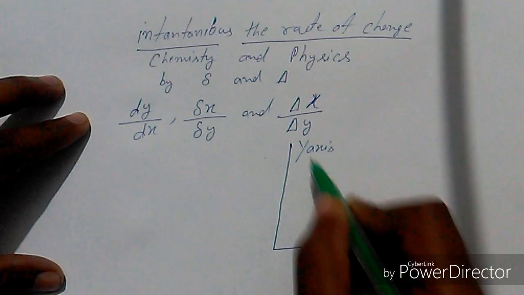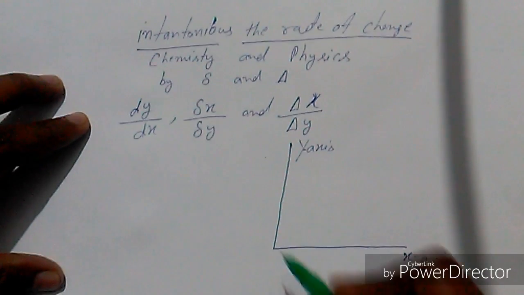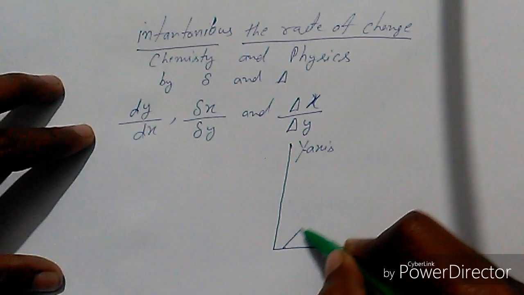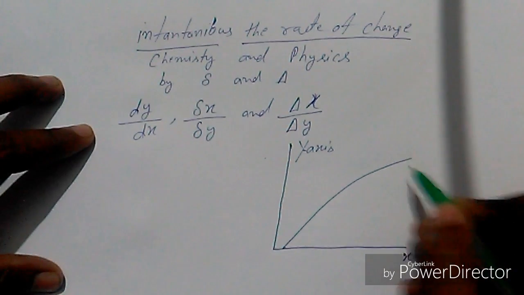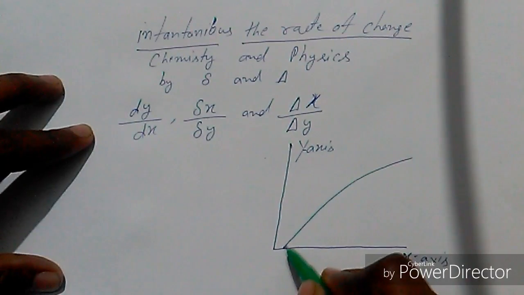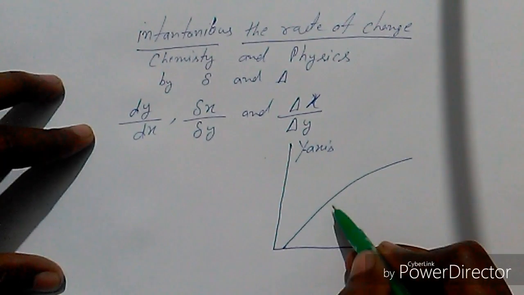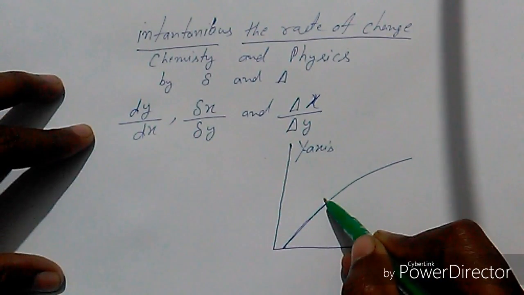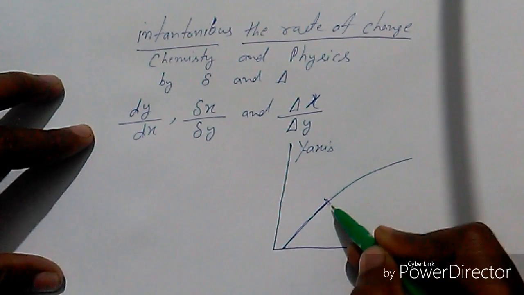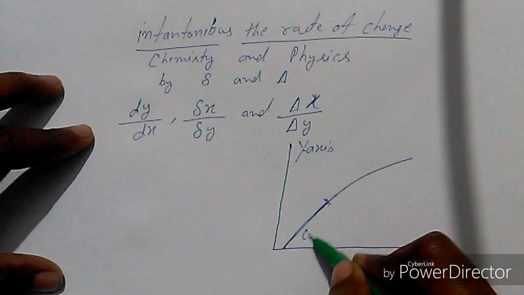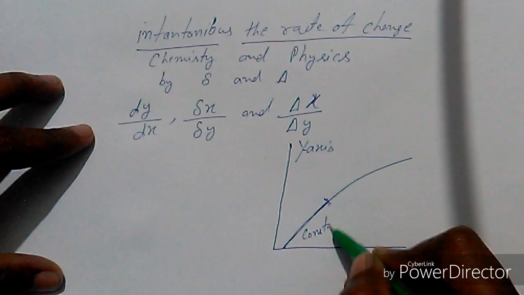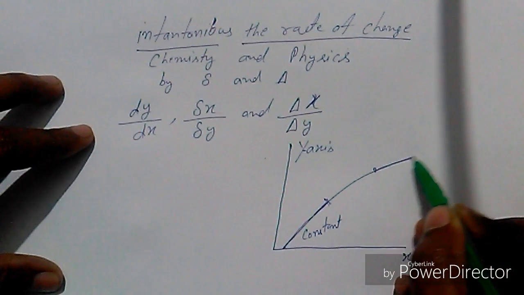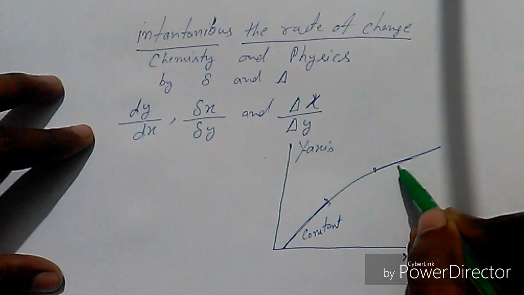Okay, and I draw a curve. You see in this curve, at that point it is straight, and we say that it is constant, and after this point it's again constant.